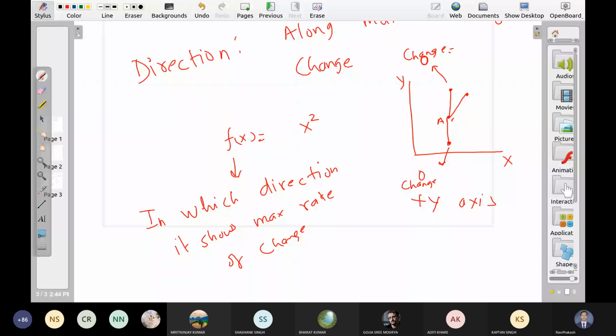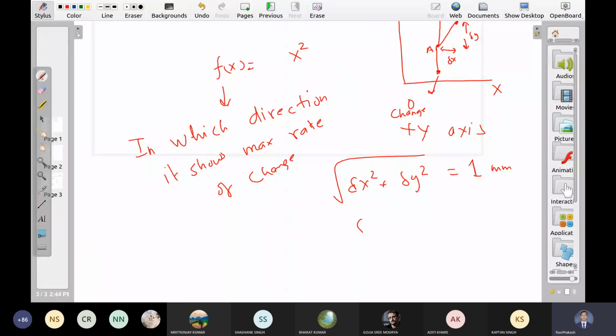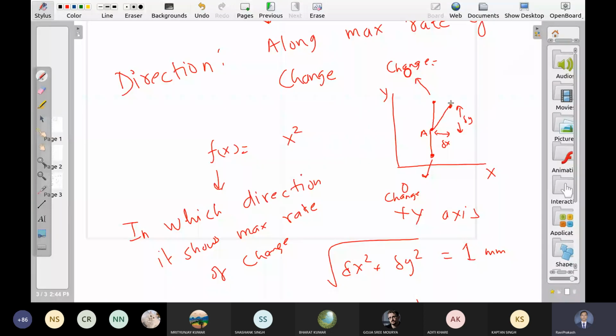Okay, so square root of delta x square plus delta y square, this quantity is equal to 1 mm. So obvious है, delta x is less than 1 millimeter और delta y भी 1 millimeter से कम होगा. There will be some change here.